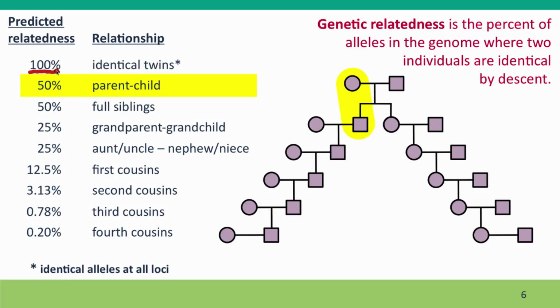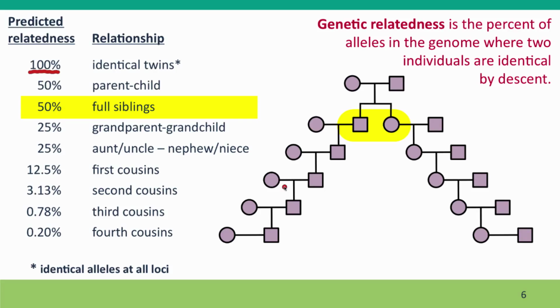Parent and child are 50% identical. That's because one of the child's two alleles is at every locus identical to one of the parent's alleles. And that's true for this parent. It's also true for this parent. The same level of relationship is seen for full siblings, but for different reasons, as you'll see in a few minutes.